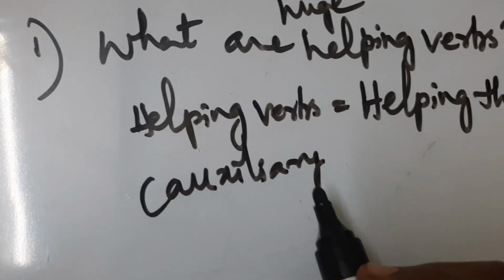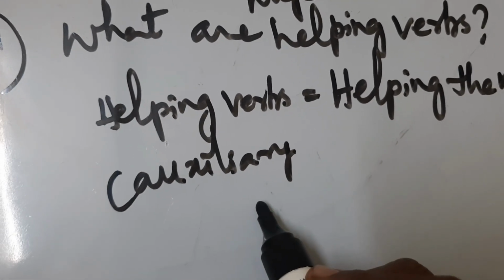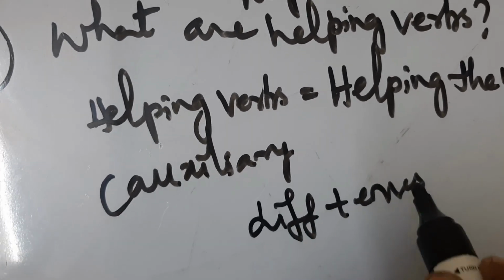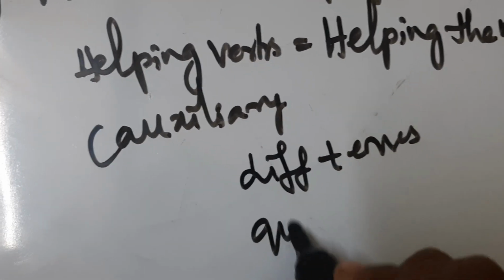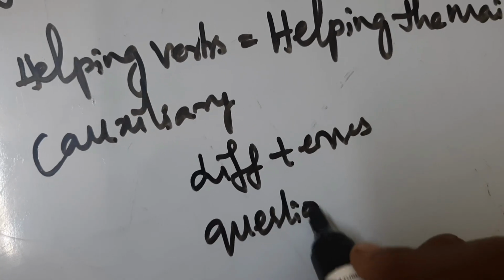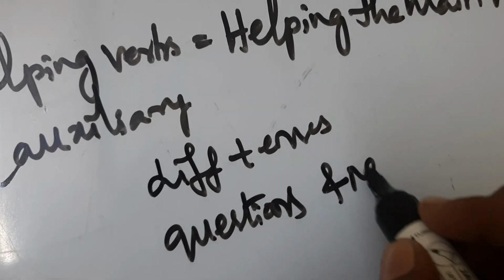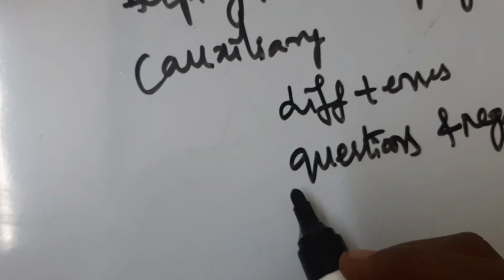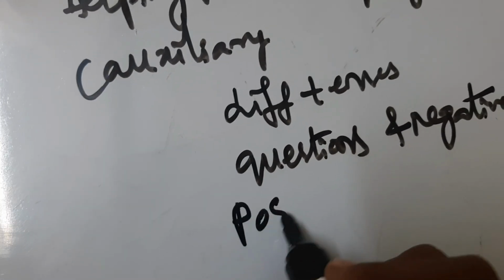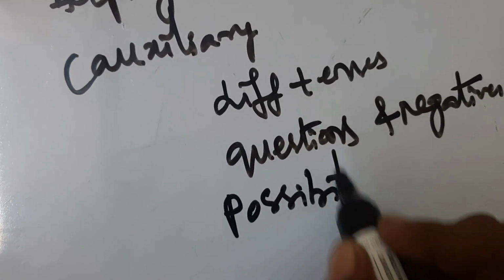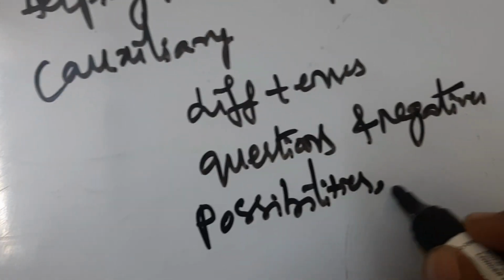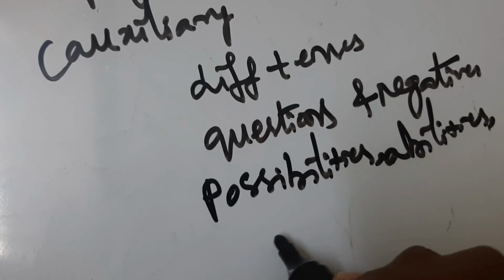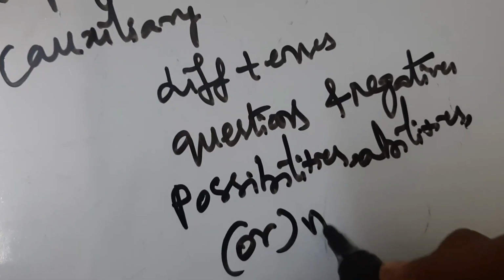Helping verbs help in forming different tenses and making questions and negatives. And also they express possibilities, abilities, or necessities.